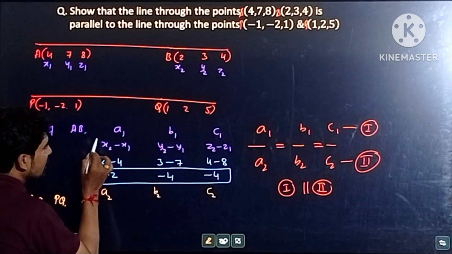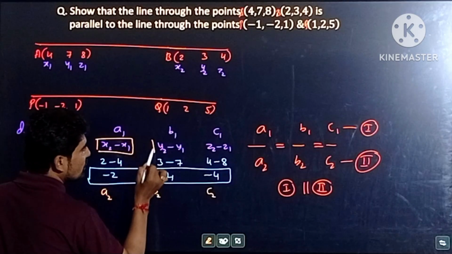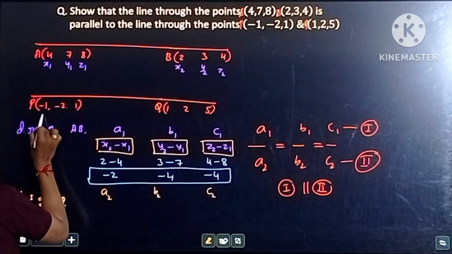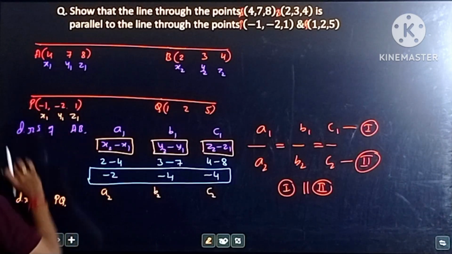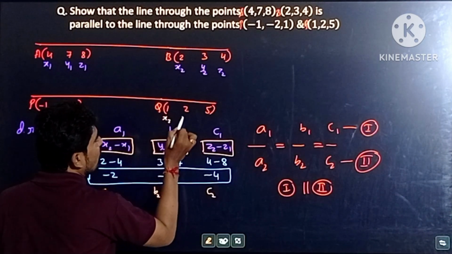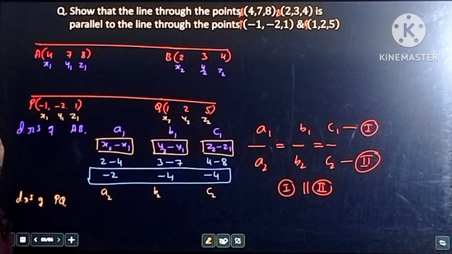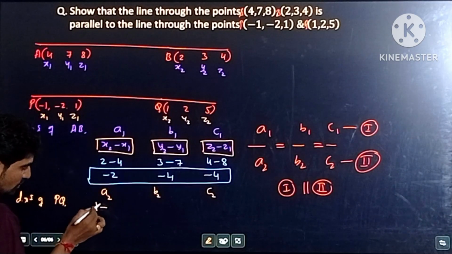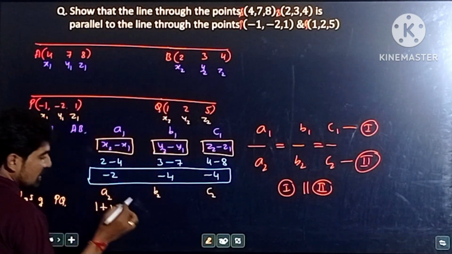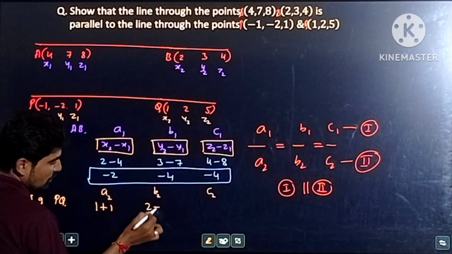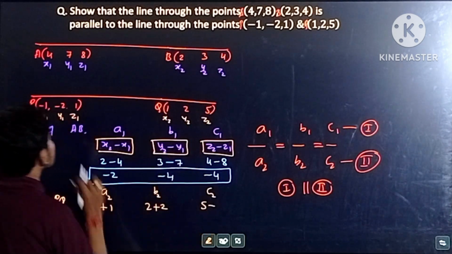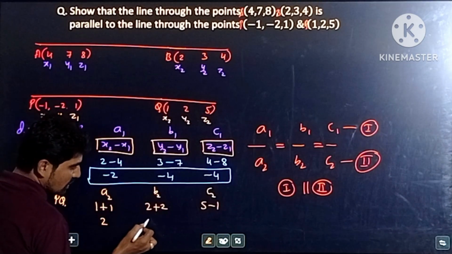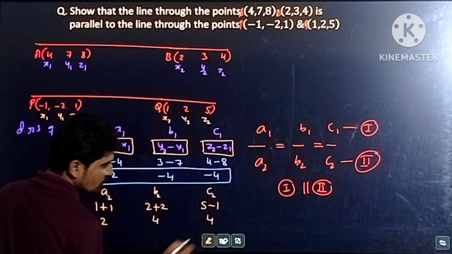Same thing: a2 is x2 minus x1, b2 is y2 minus y1, and c2 is z2 minus z1, where x1, y1, z1 are the coordinates of point P and x2, y2, z2 are the coordinates of point Q. Therefore, a2 is 1 minus minus 1, which is plus 1, so 1 plus 1 is 2. b2 is 2 minus minus 2, which is 2 plus 2, so 4. And c2 is 5 minus 1, which is 4.